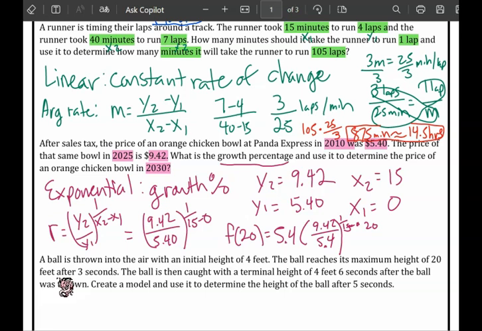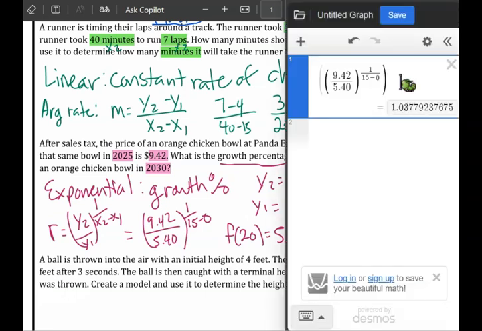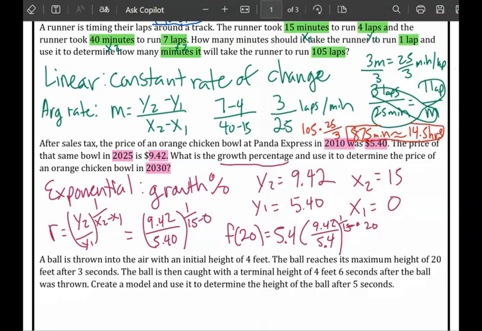Let's plug that into the calculator. So the predicted cost of an orange chicken bowl at Panda Express in 2030 is $11.34.